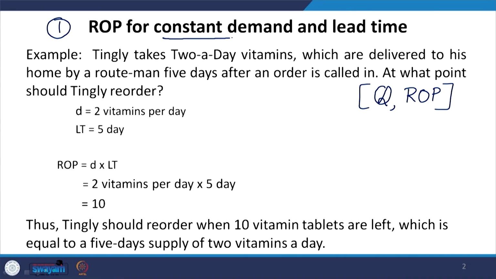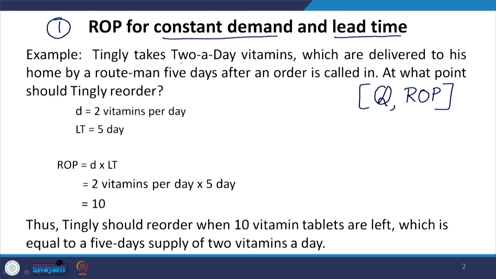Now, in the first example which we are going to discuss, we are not considering any kind of fluctuation. The demand is constant, daily consumption rate is constant, and the lead time is also constant. So, there is no fluctuation of any type. If you read the data, it takes 2 vitamins per day.